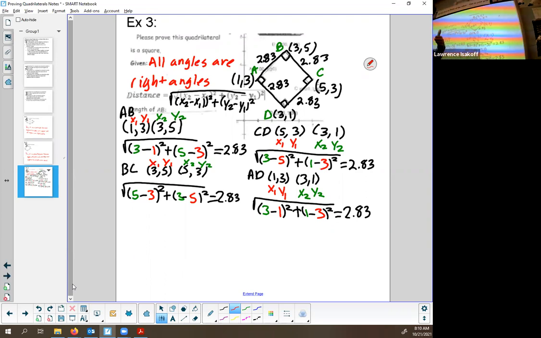So this is a square because all angles are right angles and all sides are the same length.